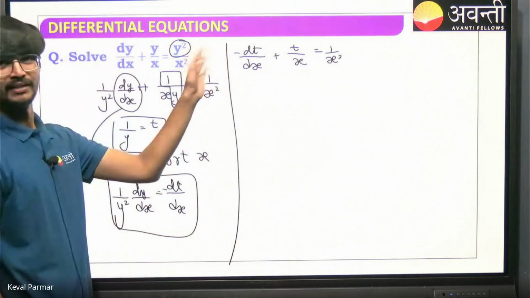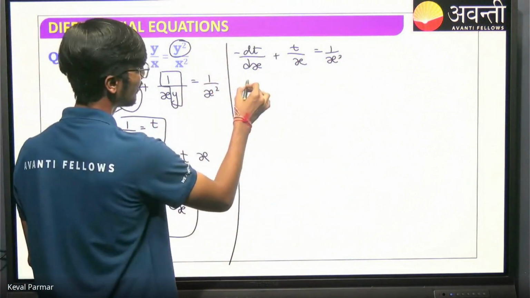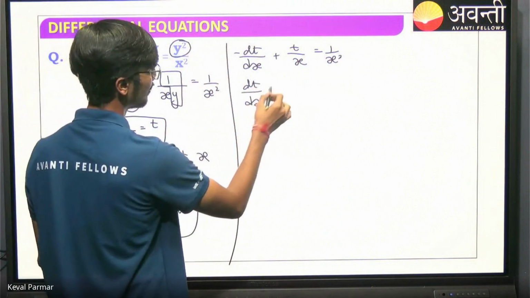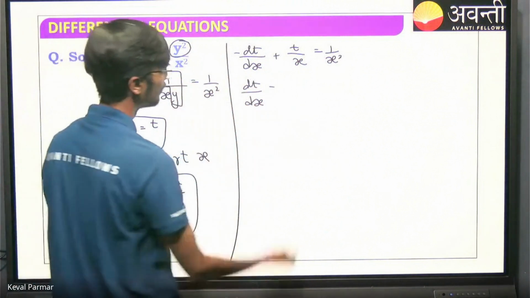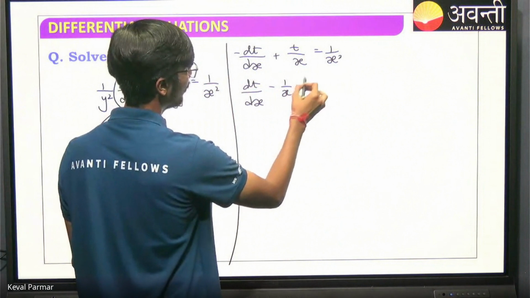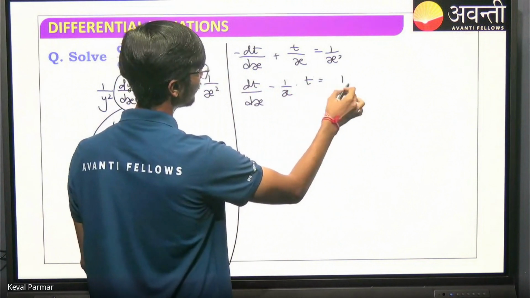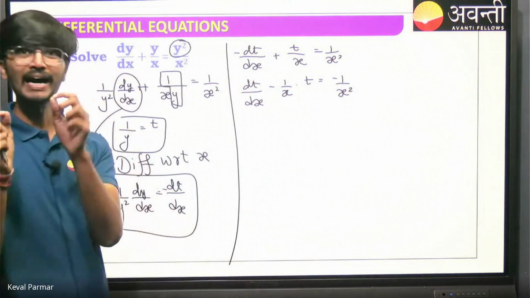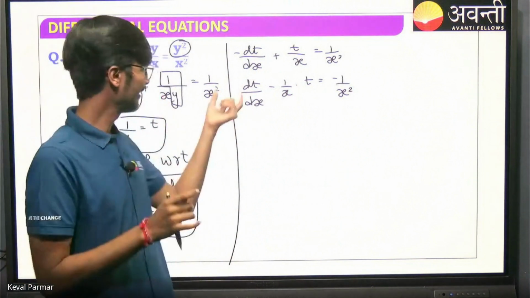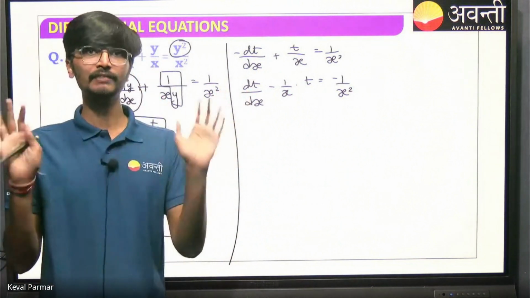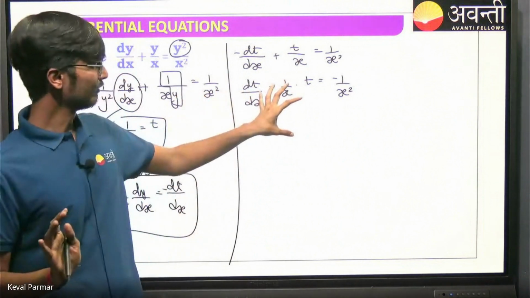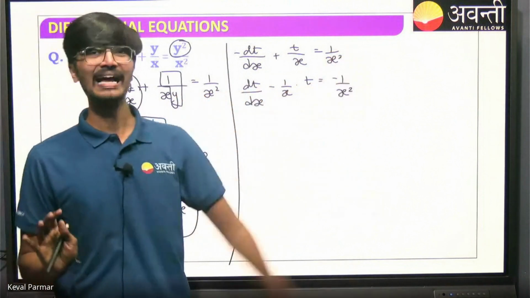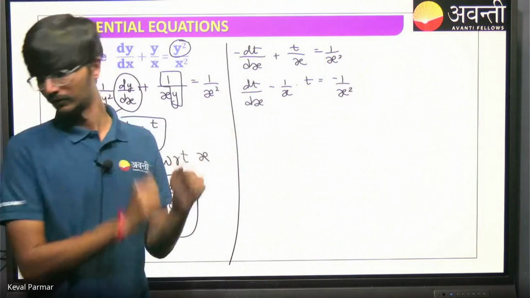We don't need minus, we'll multiply throughout by minus, so I'll get dt by dx minus 1 upon x into t is equal to minus 1 upon x square. So now instead of y, we have t. That is the only difference here. This is a linear equation. We'll solve it as we have solved all the others.